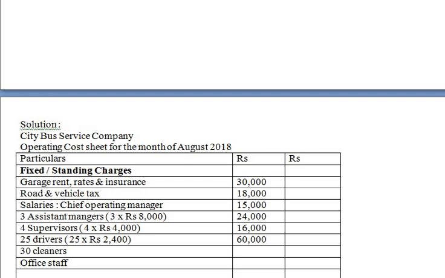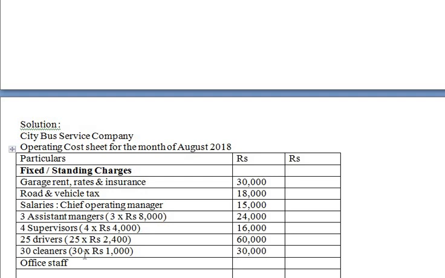Next is 30 cleaners. In brackets, 30 into rupees 1,000, so that is 30,000.